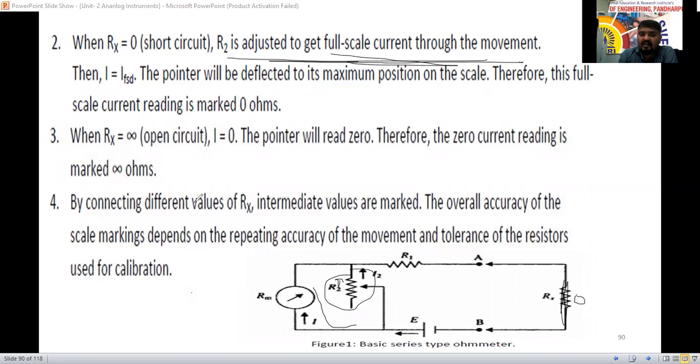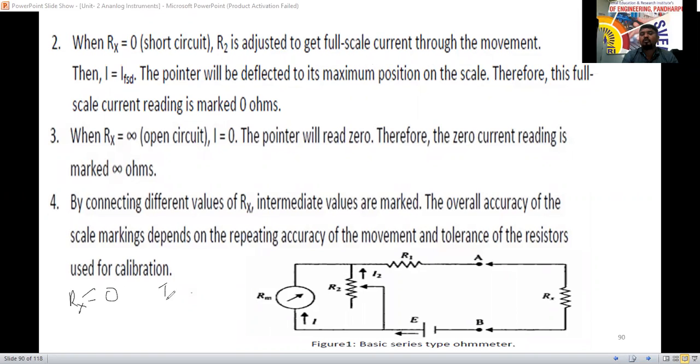Then I equals IFSD, the current at full scale deflection. So the pointer will be deflected to its maximum position on the scale. For Rx equal to 0, the current I will be maximum.